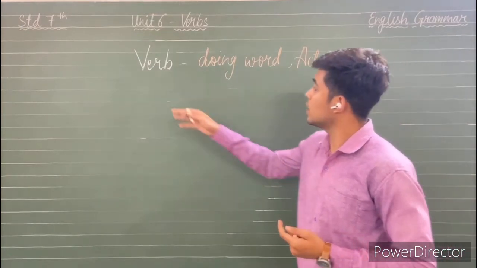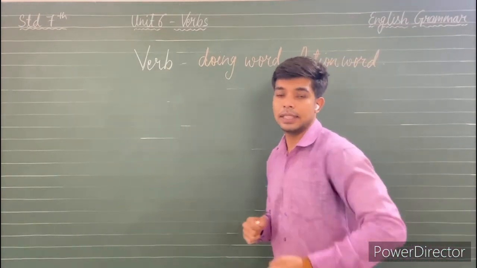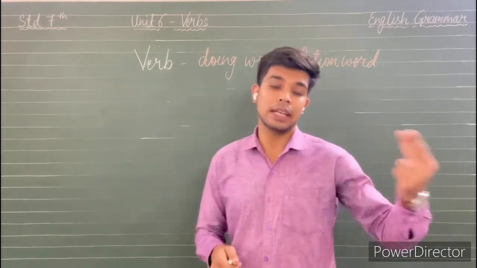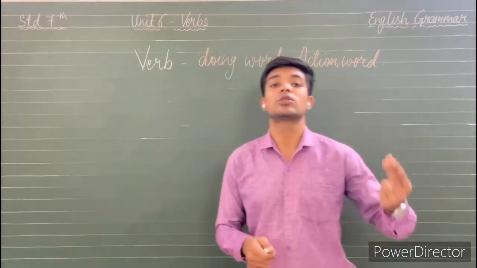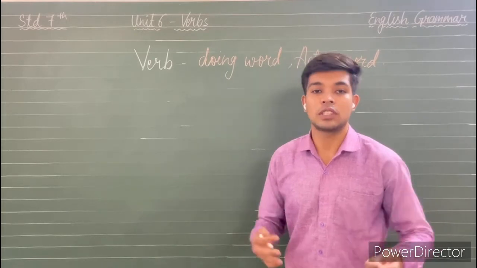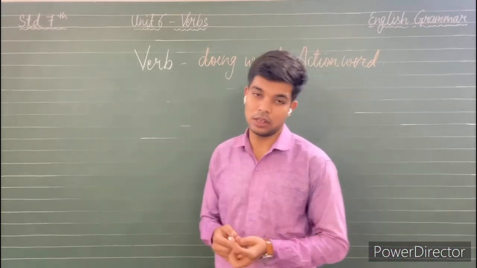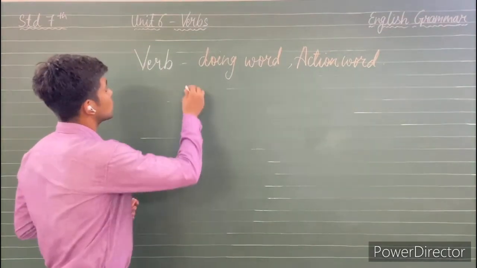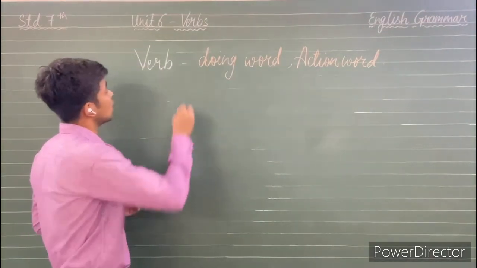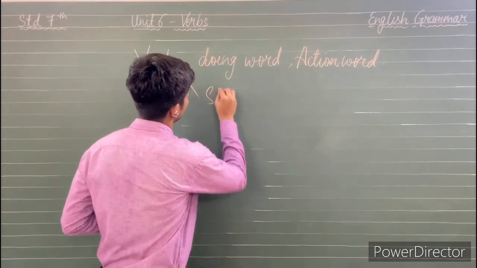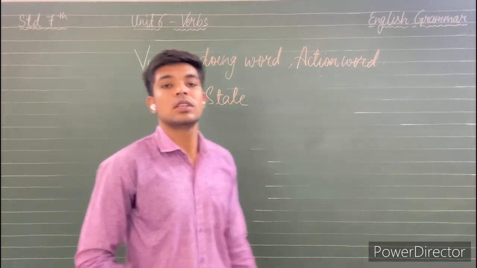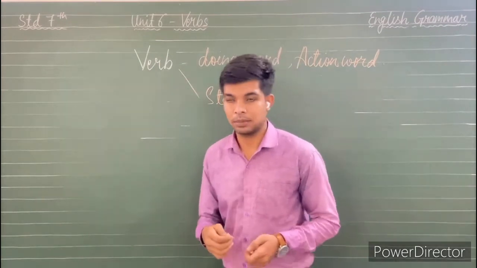When we study verbs in this class, we will discuss that a verb is also an action word and it also represents the situation or the state of the noun. So a verb is also known as a state of being.